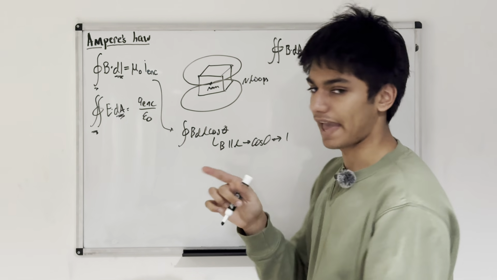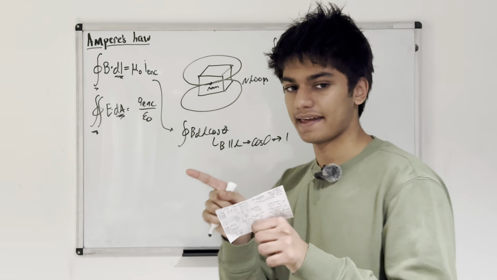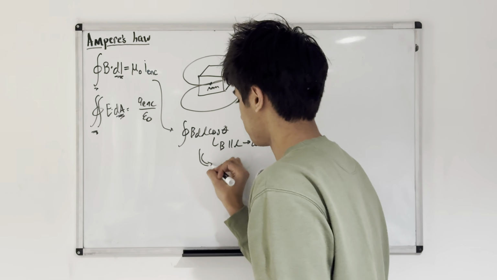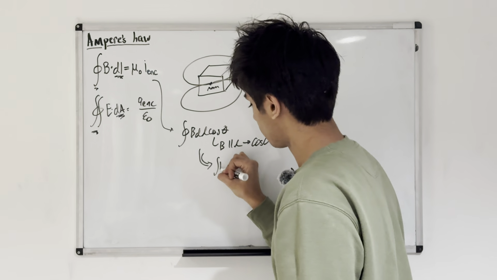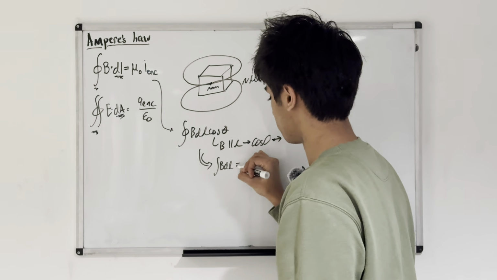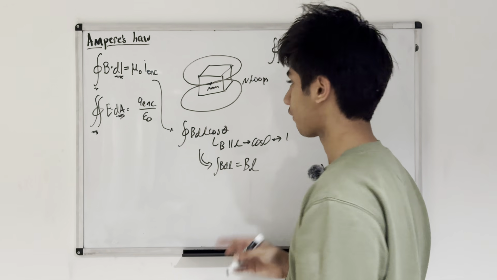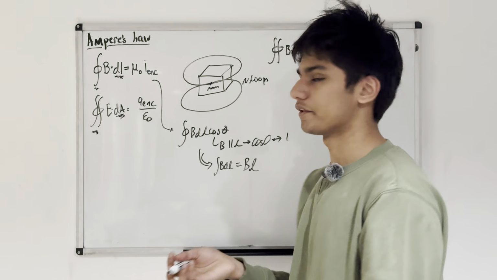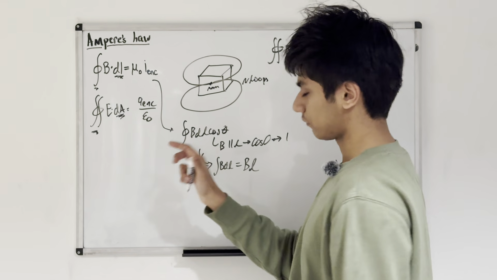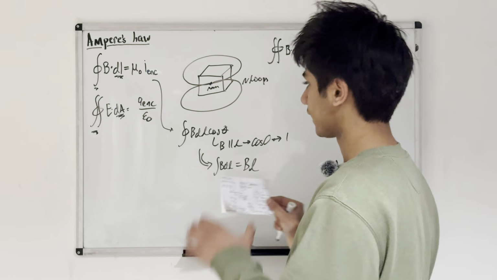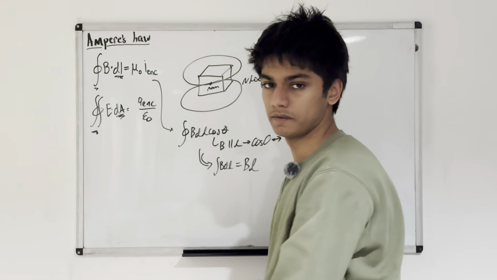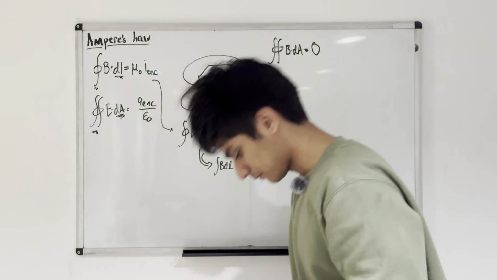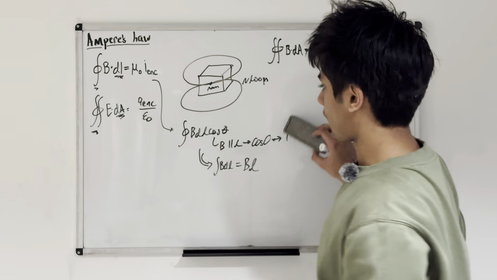So if we have a good Amperian loop such that B and l are in the same direction, this becomes the integral of B dl, which is B times l. From here, we have B l equals mu naught I enclosed, and then you can solve for B. That's the general process for solving these problems. The key idea is we use a line integral, not a surface integral, because magnetic fields come in loops.